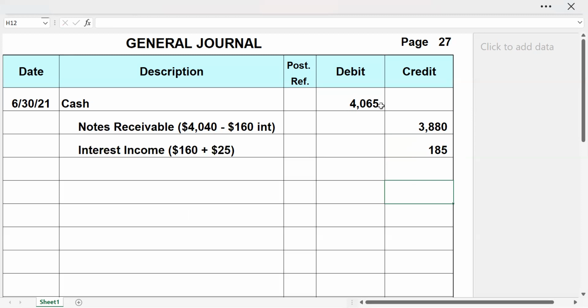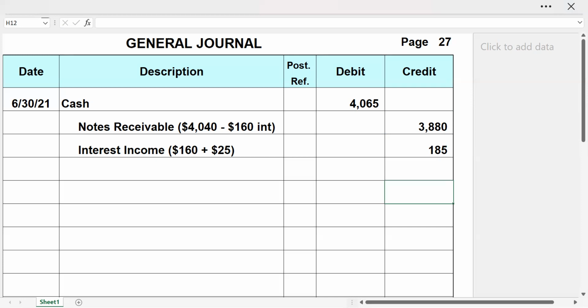Now, could we have done it separately? Sure. We could have debited cash for the $4,040 and credited notes receivable for the $3,880 and interest income for the $160 and then done a separate entry. But I think it's easier, utilizing the bank reconciliation, to do these combined entries.